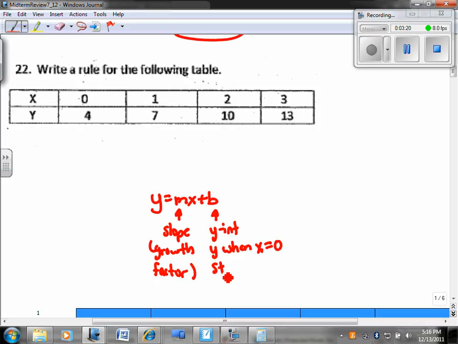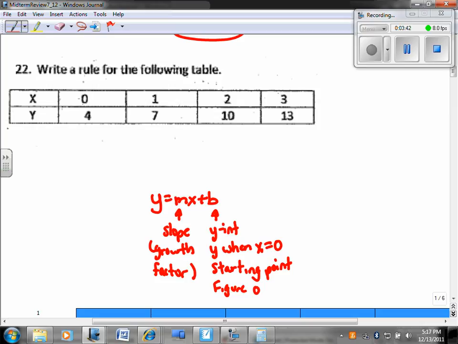It's our starting point. It's our figure 0. So the number of tiles in figure 0.